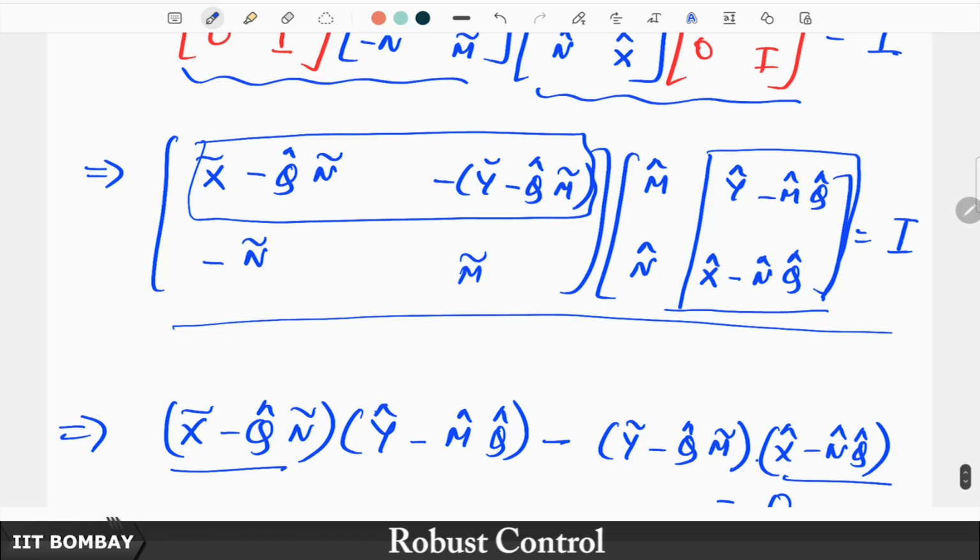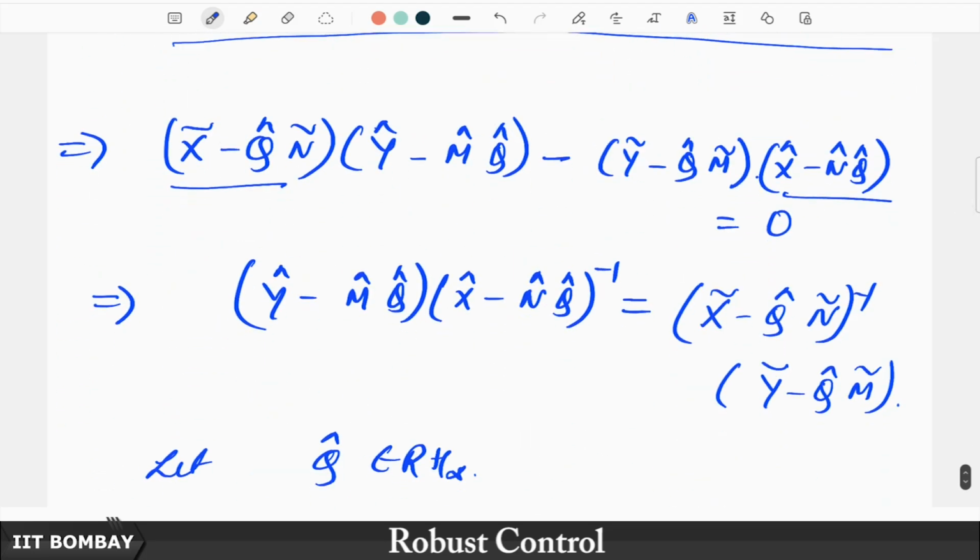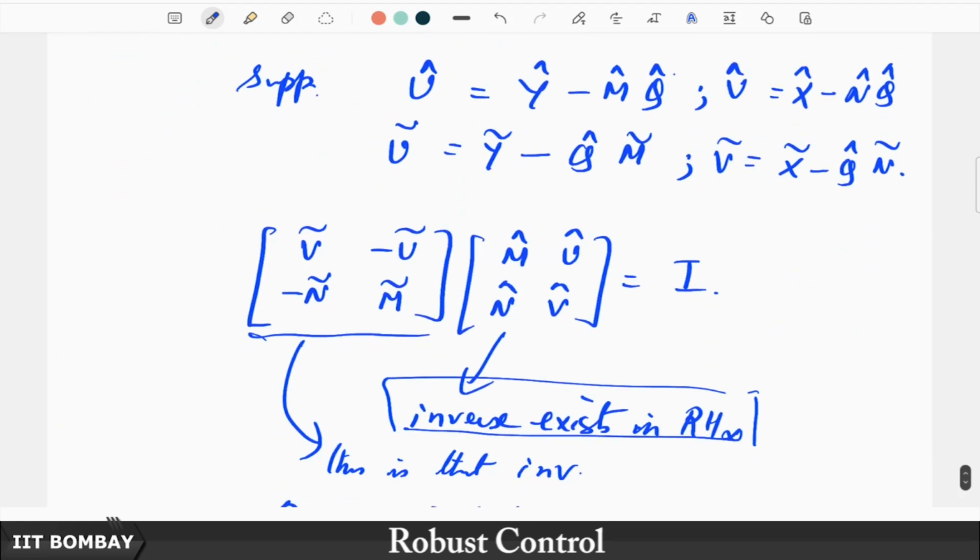If you have this m hat, u hat, n hat, v hat, according to the equivalence of the first and the second condition that we proved, as long as this fellow's inverse belongs to RH infinity, this will stabilize. So, we have seen that at least this Youla parameterization, by choosing a q hat, stabilizes.